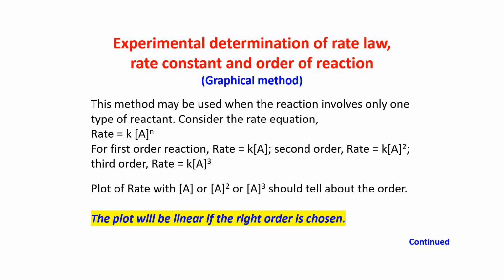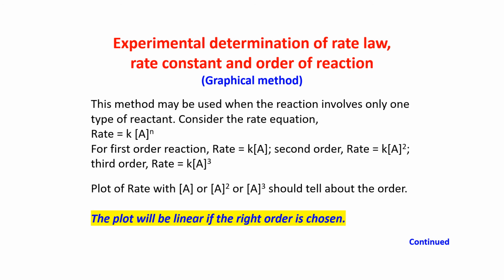Experimental determination of rate law, rate constant, and order of reaction. Graphical method I am showing you. This method may be used when the reaction involves only one type of reactant. That means A is giving you product.